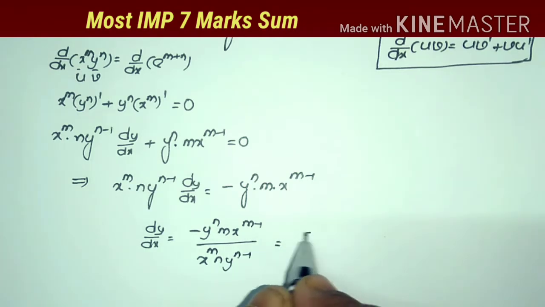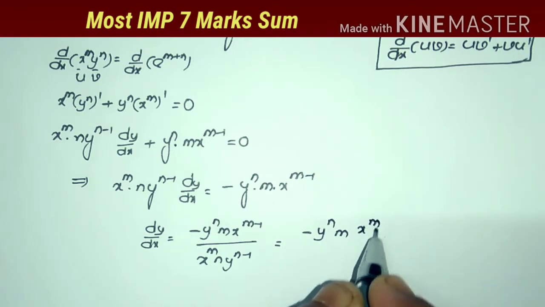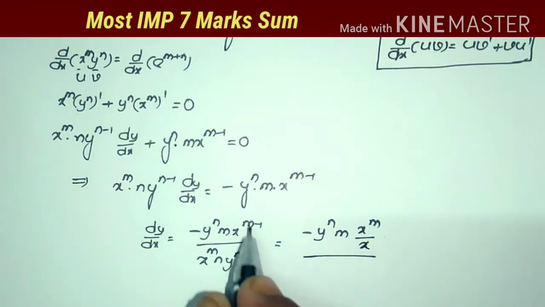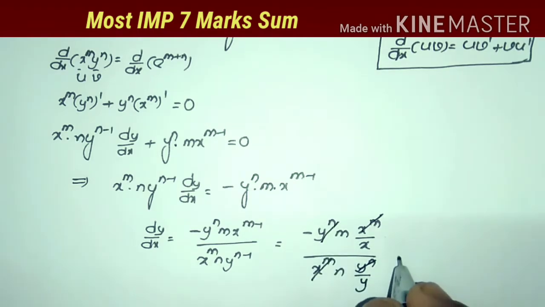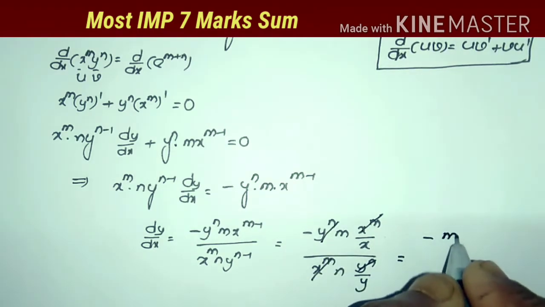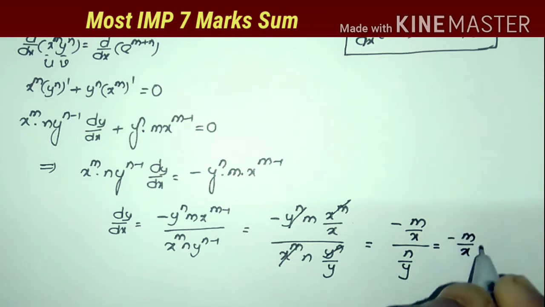And this equals minus y^n m x^m/x, since x^(m-1) = x^m/x, divided by x^m n y^n/y. Now here x^m and x^m get cancelled, y^n gets cancelled. What are the remaining values? Minus (m/x) divided by (n/y). So this equals minus m/x into y/n, just reverse the fraction.